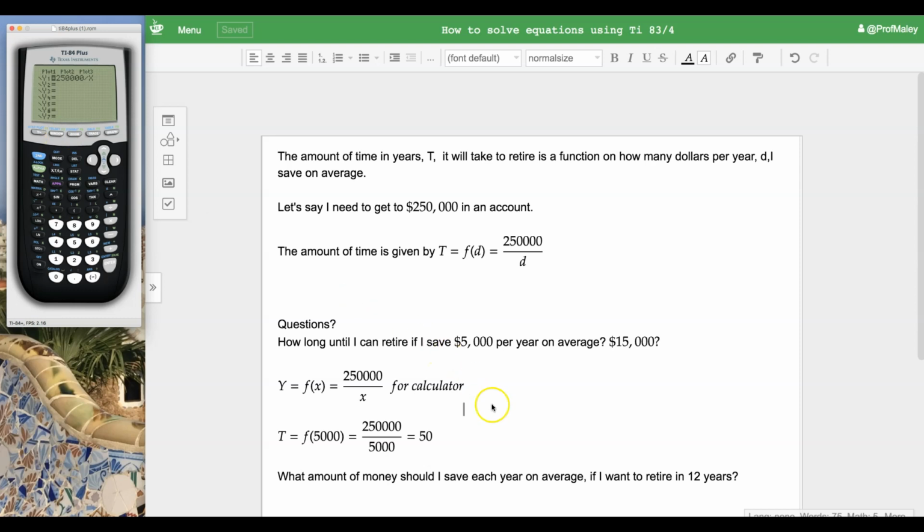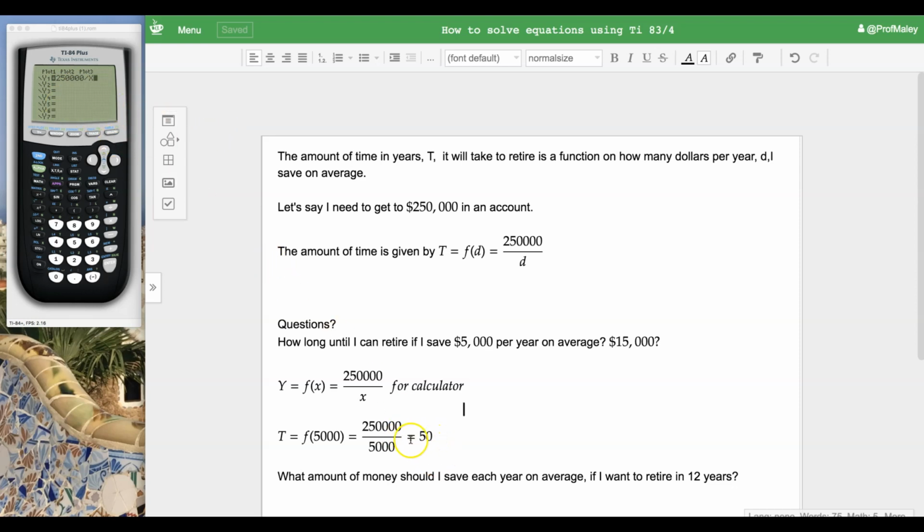And it would be worth our while to think about what the window should be here. Again, we can't really pinch and zoom on the TI84 like you can on Desmos, let's say, but it forces us to be mindful of where we want to view the graph. So if we think about it, we're going to be dividing 250,000 over a number of years.